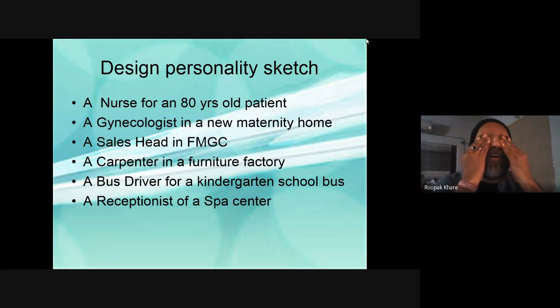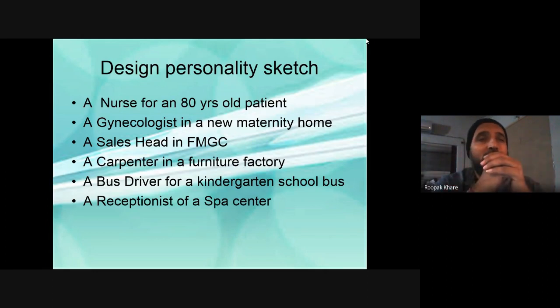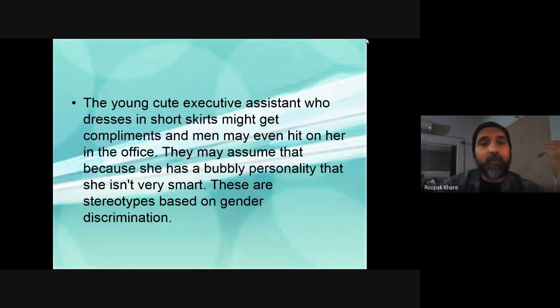Now, see how stereotypically we imagine people, that it is going to be a man or a woman, or a young person or an old person or a middle-aged person, and so many things about them, their clothing, their working, everything. We create pictures in our minds. This is called stereotyping, right?